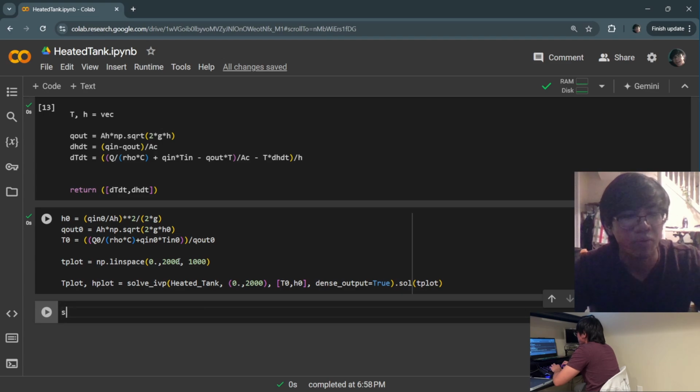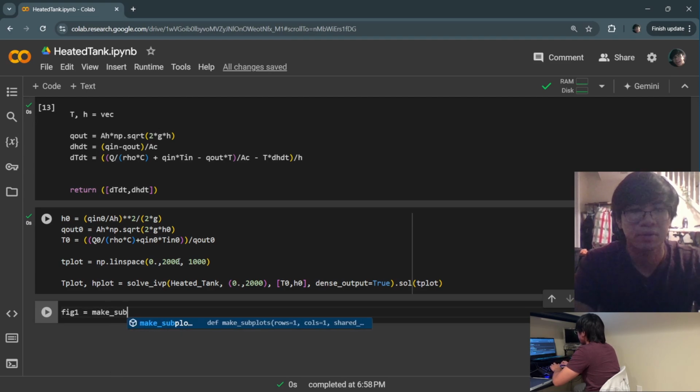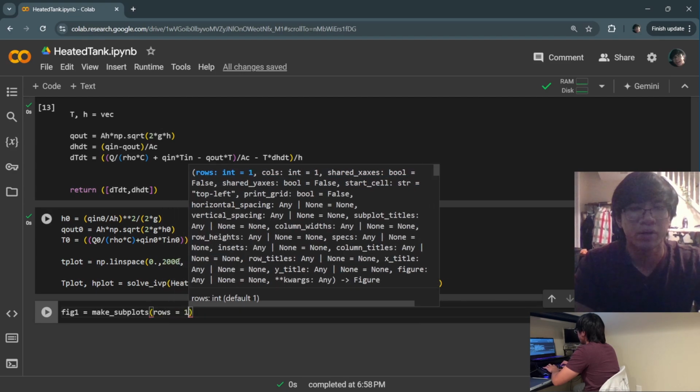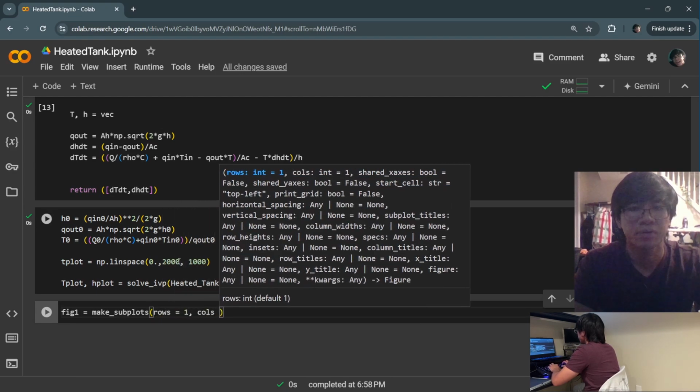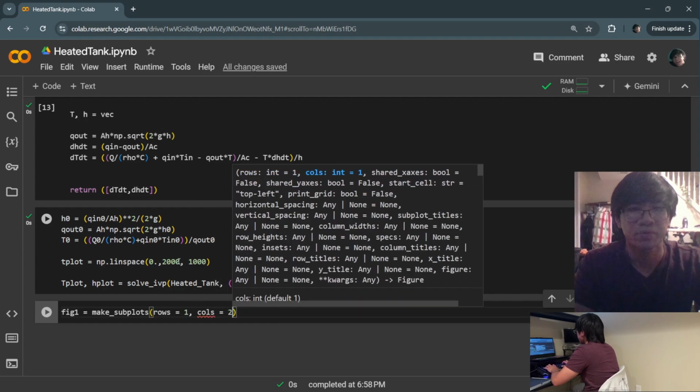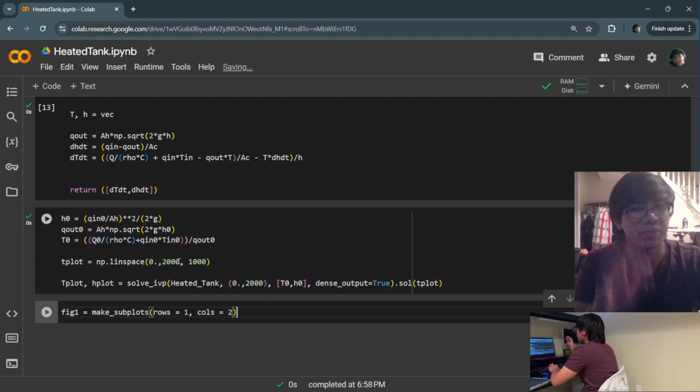Since I'm going to want to stack these side by side, I'm going to do big one is equal to make subplots. And I think it's rows first. So rows equals 1, columns equals 2, so we'll have them side by side.